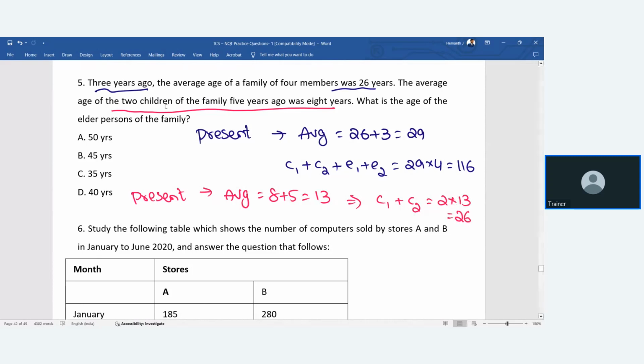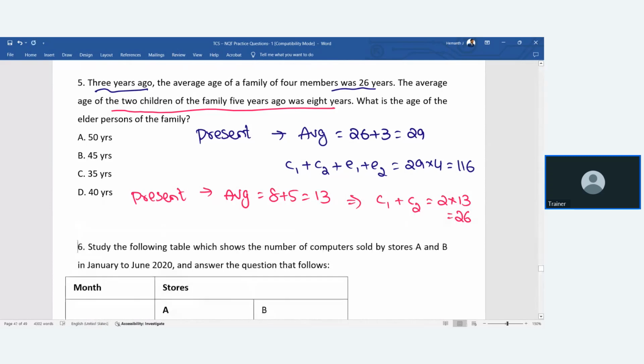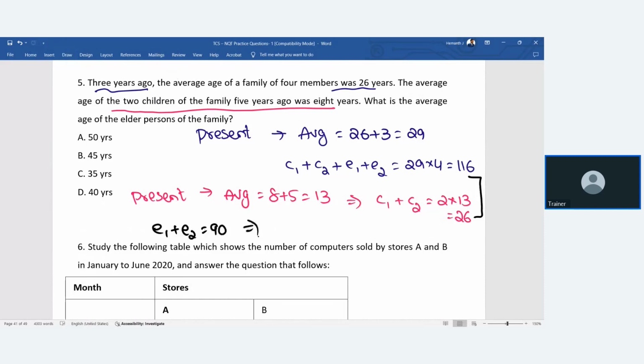Okay. Now, what is the average age of the elder persons they had asked? So now, from these 2 data, the 2 elder persons' age will be equal to 90. Average is nothing but 90 divided by 2, 45.